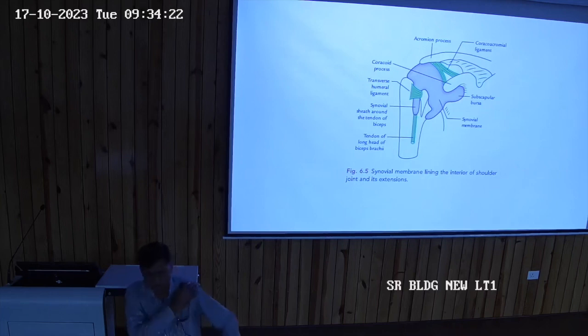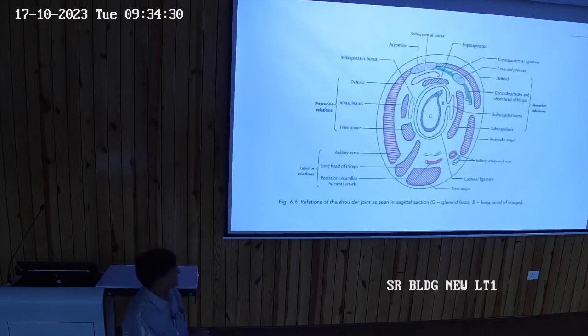Head of humerus को ऊपर जाने से रोकता है. That is very important. You can see this diagram, I will come back to it later. Look here. What is this? Coracoid process, acromion process, and connecting these, third, the green colored one, is the coracoacromial ligament. So this whole is forming the coracoacromial arch.